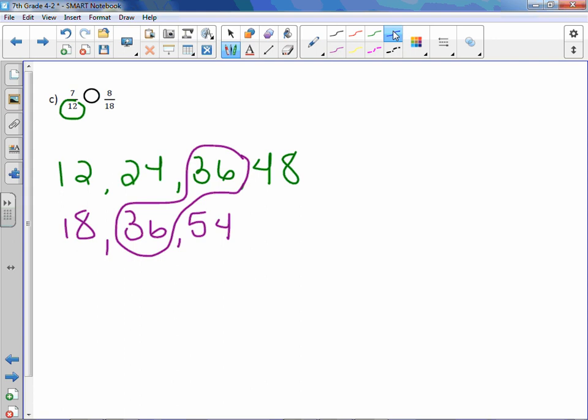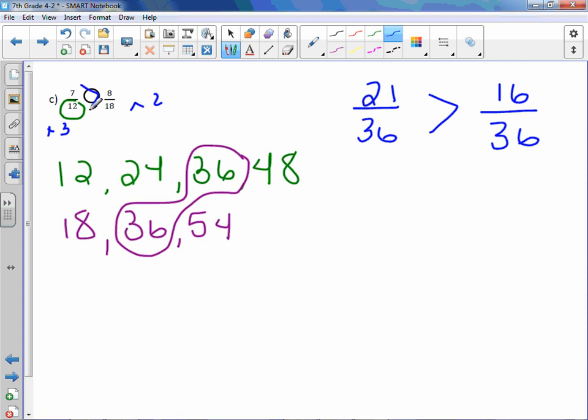So 7/12, it looks like we're multiplying this fraction by 3, and we're multiplying this fraction by 2. So we have 21, 7 times 3 is 21, over 36, compared to 8 times 2 is 16, over 36. They are positive numbers, therefore that number is greater, which means 7/12 is greater.